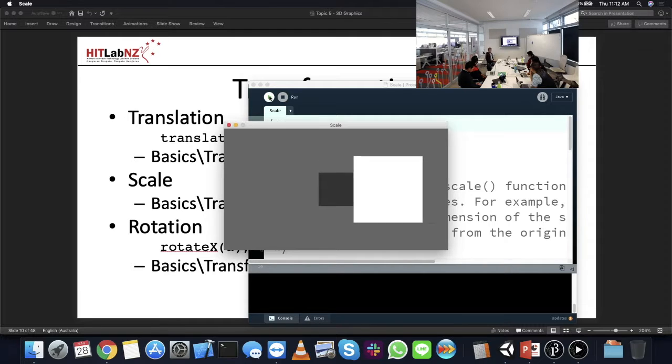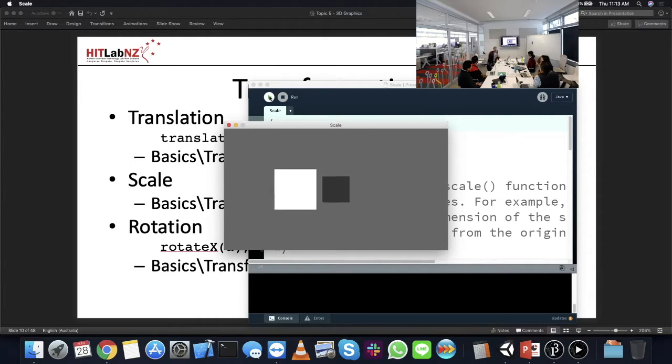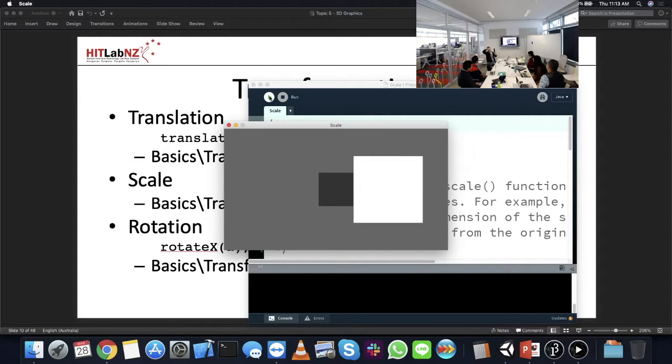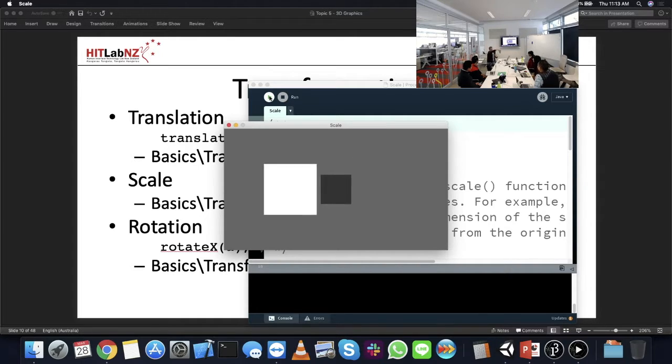So it looks to us like, at the very least, these things are getting larger and smaller, but the white one's also moving from one side to the other. If you really want to get complicated, it looks kind of like this, where they're both moving away, and as they are moving away, the green one is swinging around the other one. But it's actually not. So this is solely done with scaling operations.